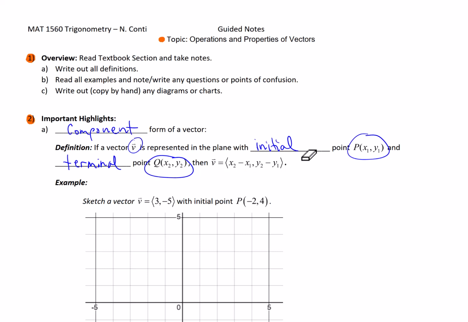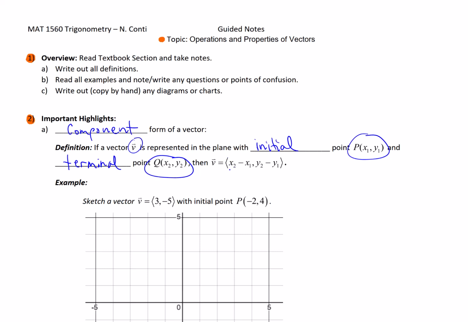instead of using parentheses, we use these pointed brackets. They're not parentheses, they're more like brackets. So instead of a left parenthesis, you will have a pointed arrow-looking bracket on the left side.